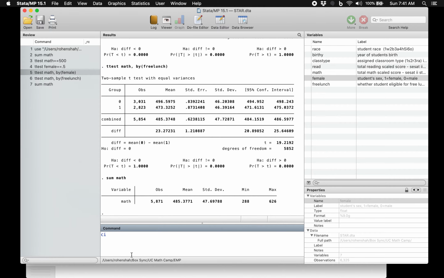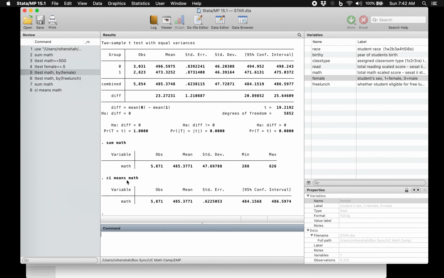You could do ci means, confidence interval means, and then the variable that you want, math. By default, it's giving you a 95% confidence interval. So 485 is what it was in our sample, but if we want to give an interval estimate, it's anywhere from 484 to 486. That's pretty narrow.